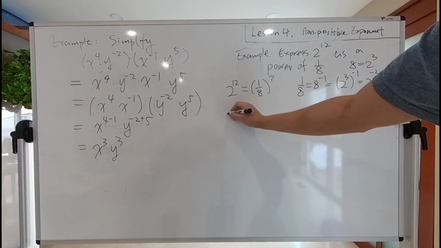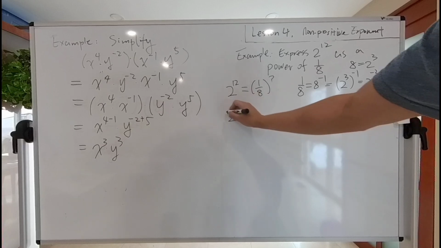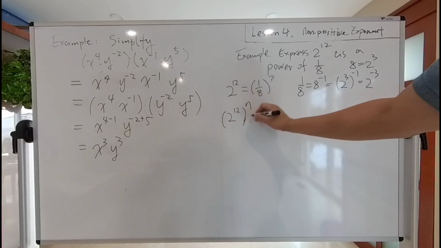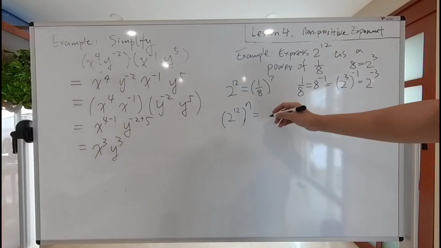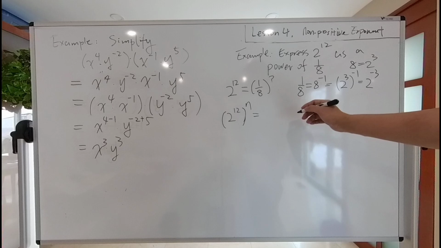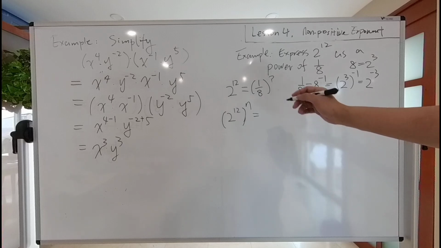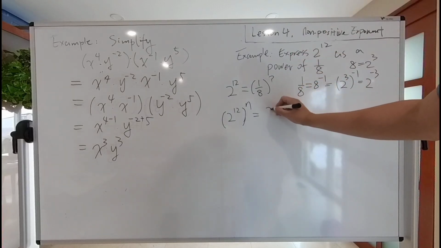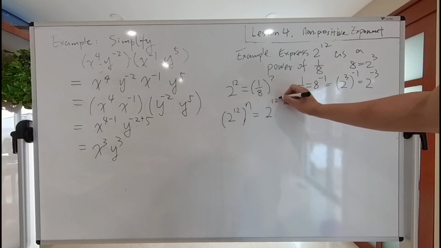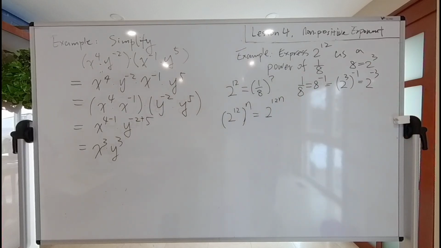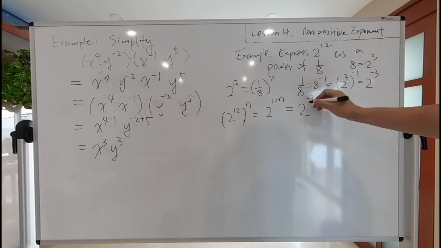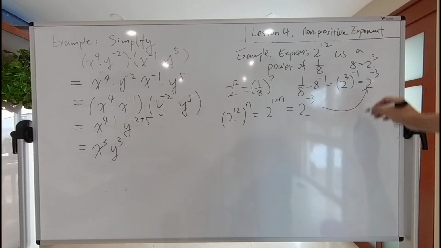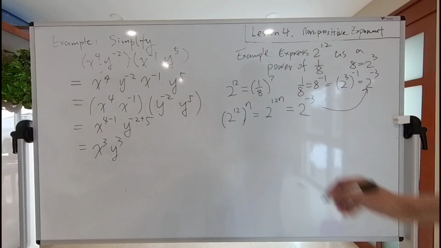So we want to convert this number to there. Which means if I have 2 to the 12 and take it to the power n, that is equal to 2 to the 12 times n, and I want this equal to 2 to the power of negative 3.